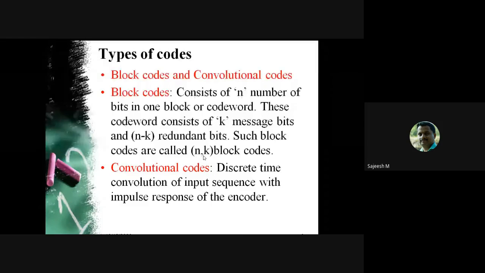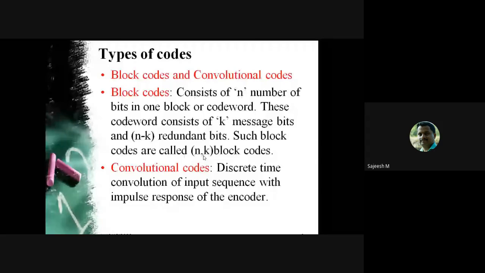In some cases we are not able to distinguish the message bits and check bits. They will be in a mixed manner. In some cases, the initial part will be the k message bits, then the n minus k check bits, the redundant bits. In other cases the initial part can be the check bits, then the k message bits.